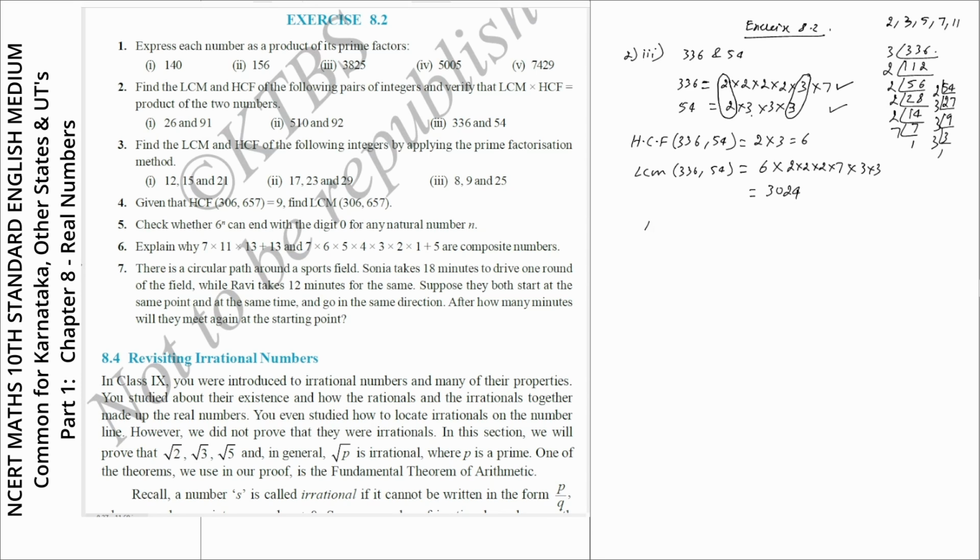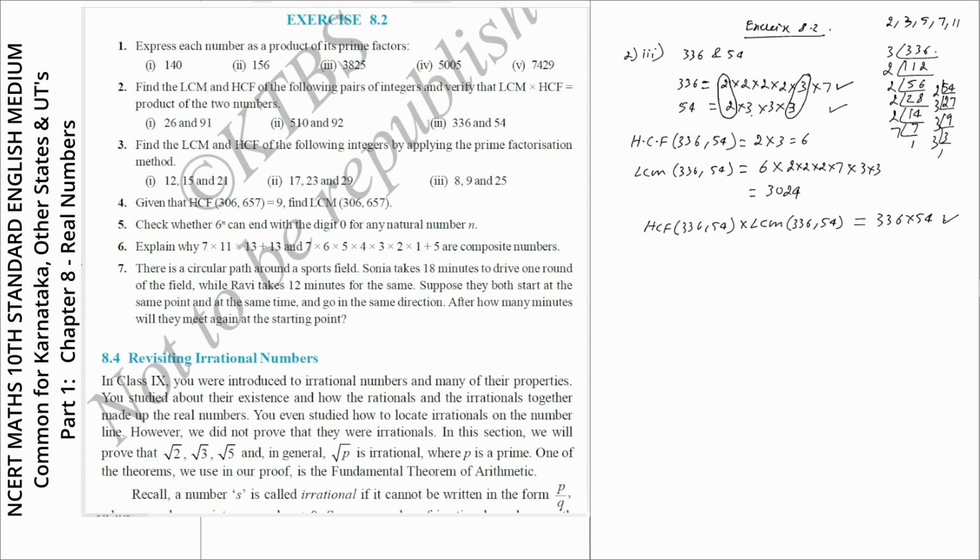Now the HCF of 336 and 54 into the LCM of 336 and 54 should be equal to the product of the numbers, that is 336 into 54. So this applies to any two numbers. Okay, the product of HCF and LCM is equal to the product of those two numbers.